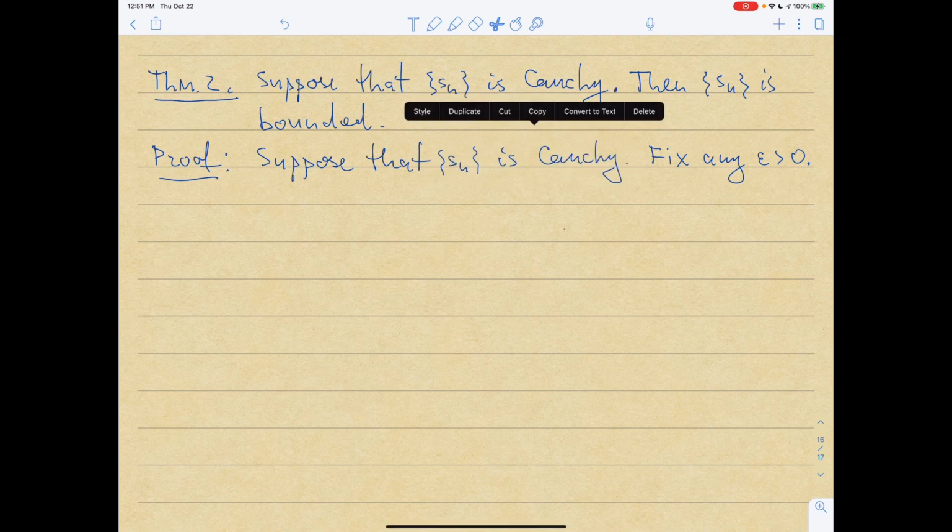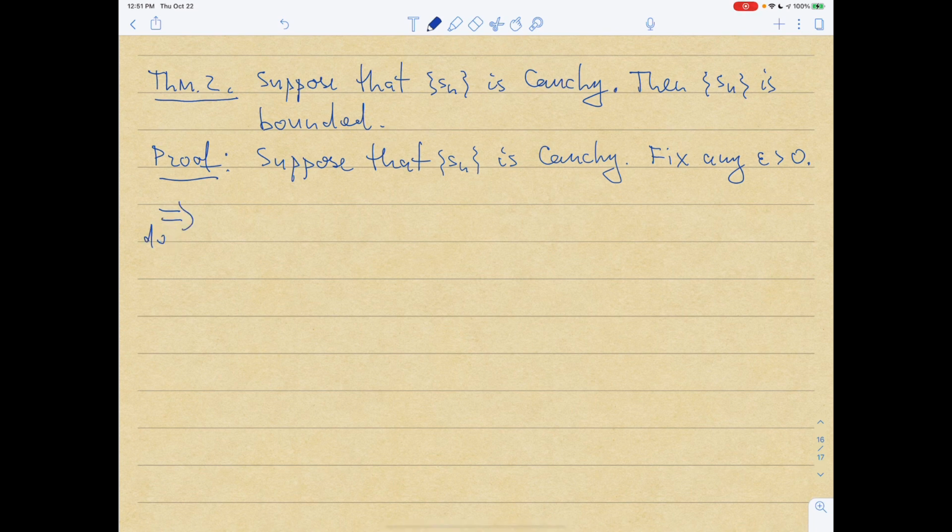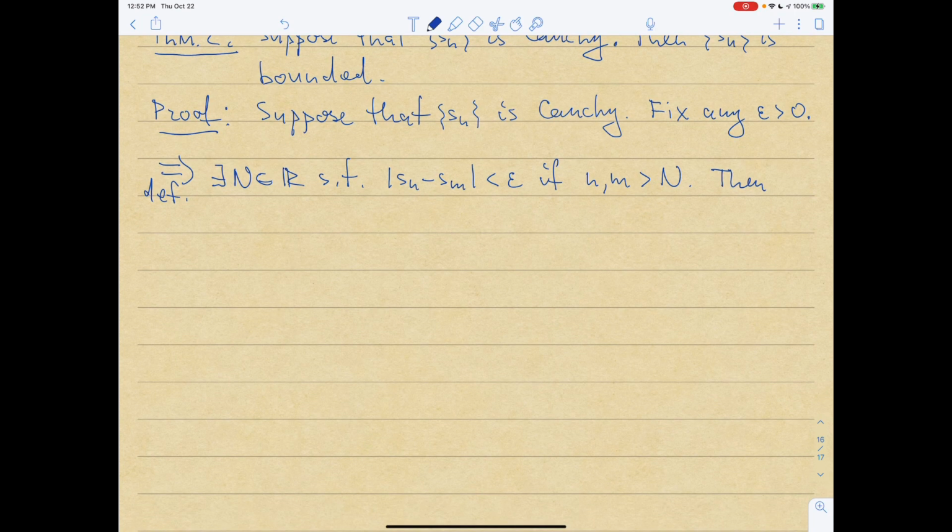All right, so then by definition of the Cauchy sequence, there exists a capital N in R such that absolute value of Sn minus Sm is going to be less than epsilon if both n and m are bigger than capital N. All right, so we have that. So then, let's choose.